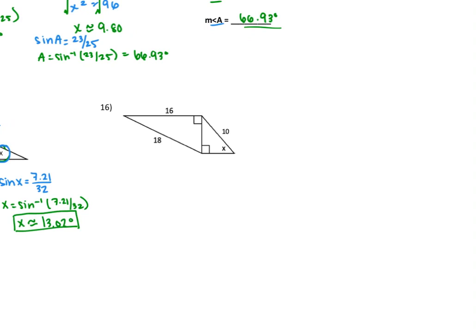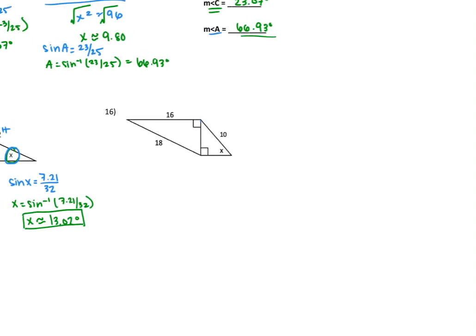All right, last one, number 16. Similar process. We're first going to solve for the shared side, which I'll call y. We're going to use Pythagorean theorem. So 16 squared plus y squared equals 18 squared. So 256 plus y squared equals 324.